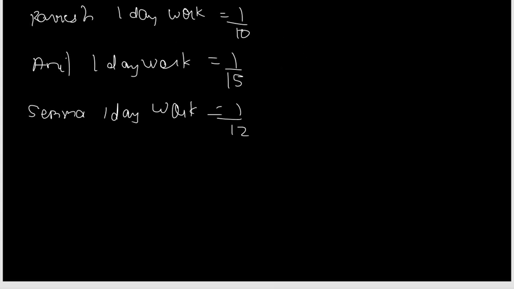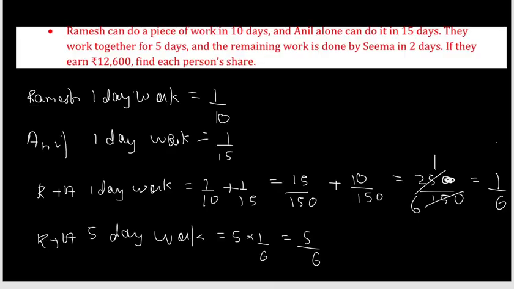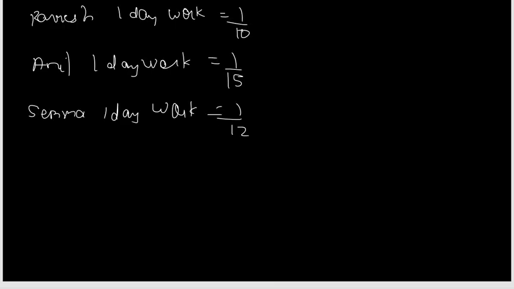But now, whatever work they do, they will be paid according to their capacity. So this money that is there should be divided among them based on their capacity. Now Ramesh's 1 day work is 1 by 10, but Ramesh's 5-day work is 5 by 10, which is 1 by 2.